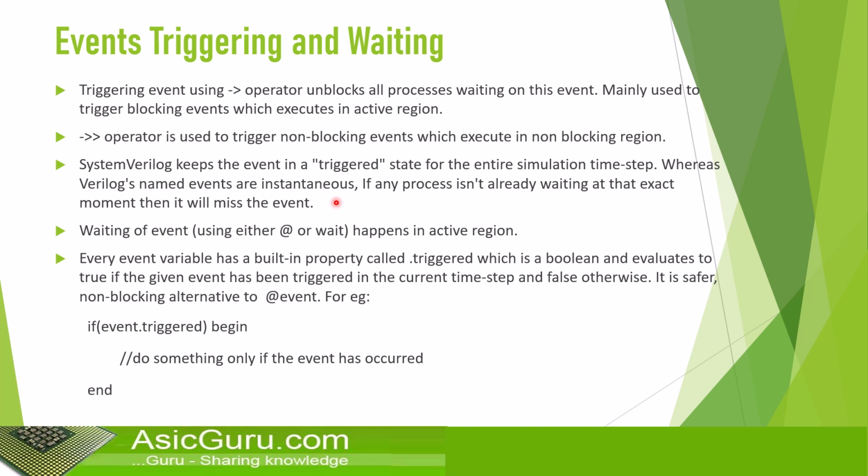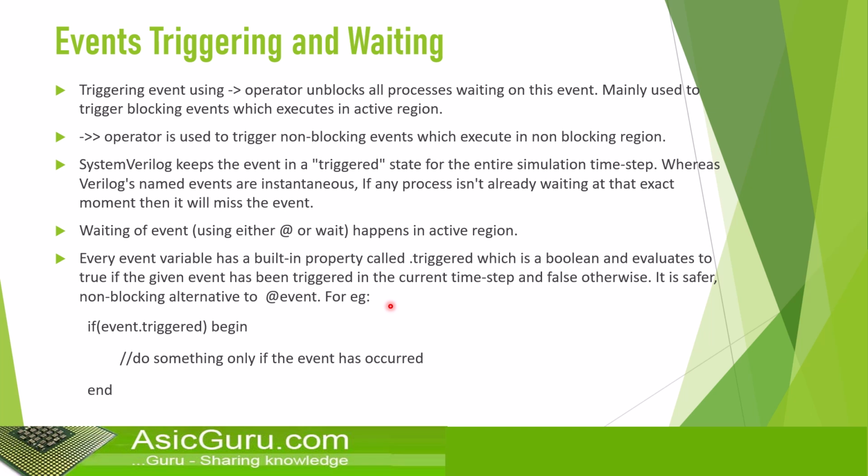If any process is not already waiting at that exact moment, it might miss the event. So SystemVerilog improves over Verilog by making named event triggers active for the whole timestamp. Waiting for an event using either @ or the wait construct also happens in the active region.